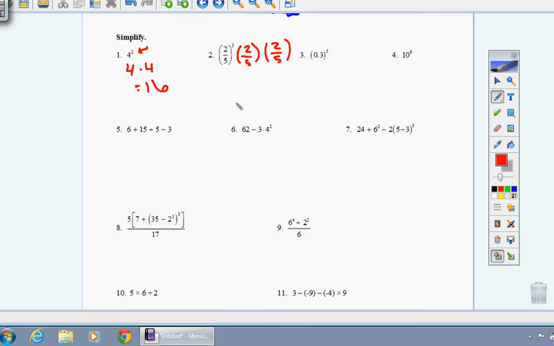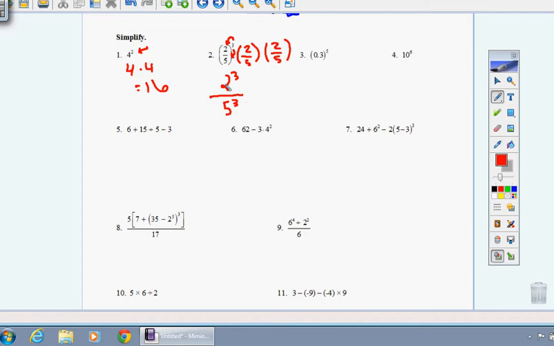A little trick we need to know is that anytime you have a fraction to a power, in this case cubed, you can distribute that power. And what I mean by that is we're not doing 3 times 2. We distribute that power to both the numerator and the denominator. So this is going to turn into 2 cubed over 5 cubed.